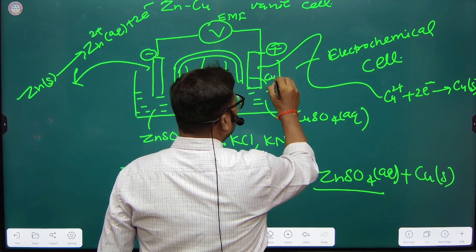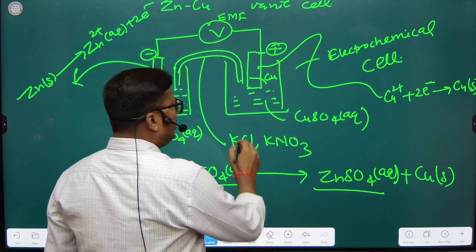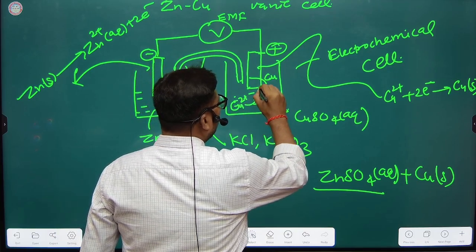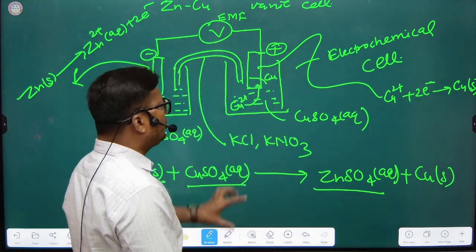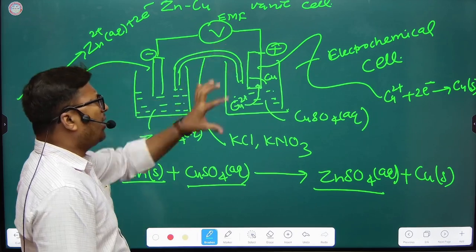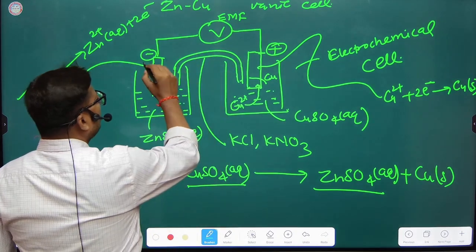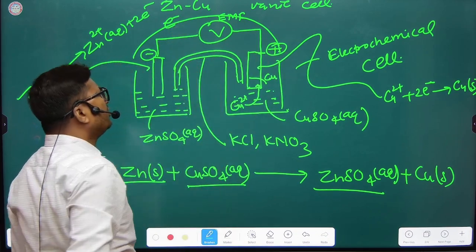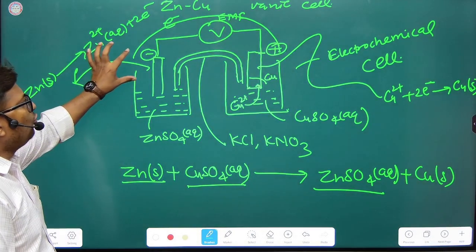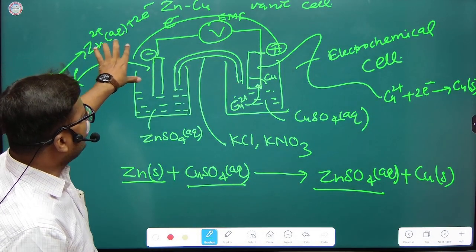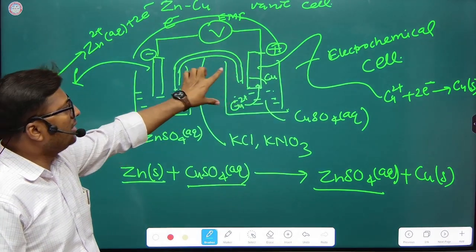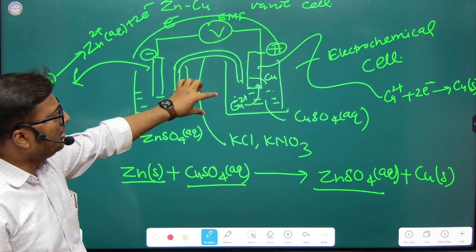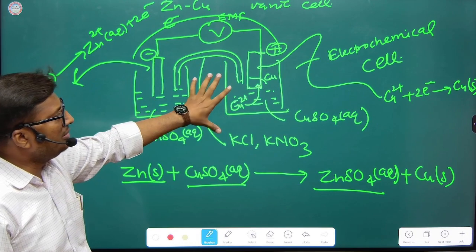It means Cu2+ from solution is ultimately reduced on the surface of the cathode by receiving electrons. This is the external circuit, and from anode to cathode electrons are traveling, and at the cathode these electrons are responsible for picking up copper 2+ and it is ultimately getting reduced.